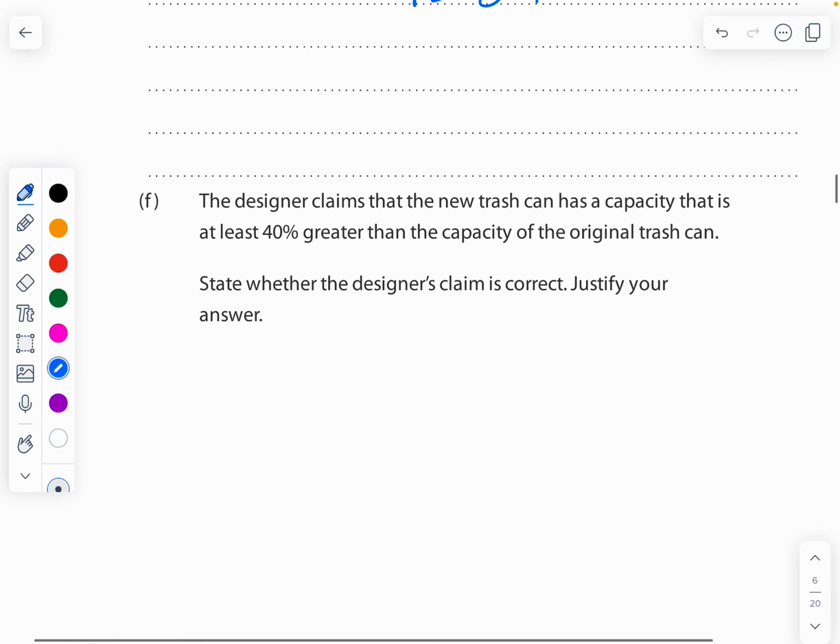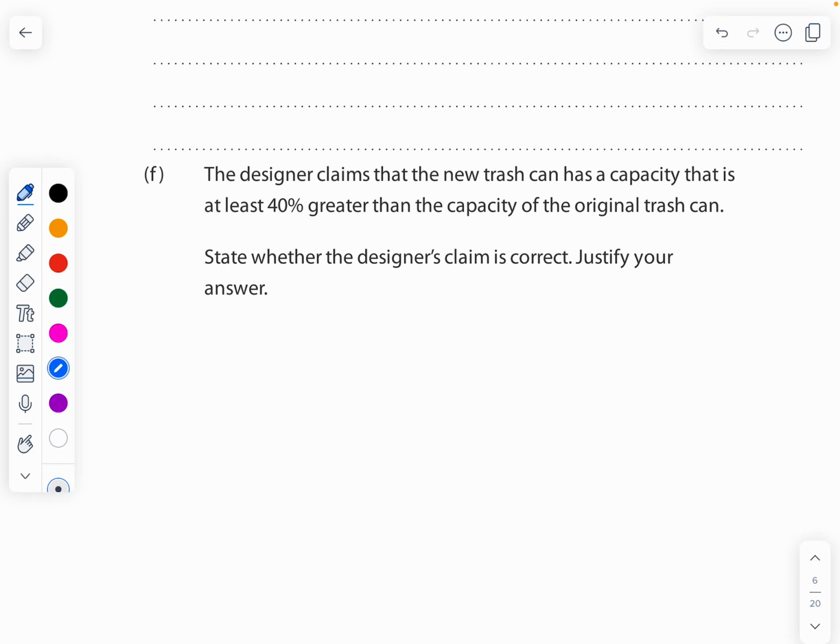The designer claims that the new trash can has a capacity that is at least 40% greater than the capacity of the original trash can. State whether the designer's claim is true or false. So then what is the thing? We know we have to find the volume. We have derived the formula for the volume.